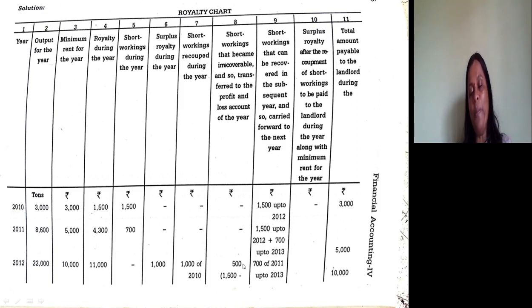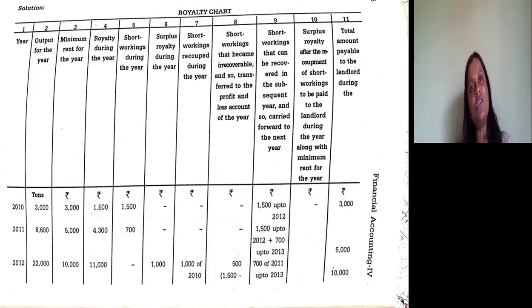So we will record by profit and loss account 500, by balance 700. Did you get my point? So this is how this chart helps us. If you look at the amount paid, just look at the last column. When you pass an entry, landlord account debit to bank, you have to refer to this column. So this is how we should prepare accounts in the books of lessee.